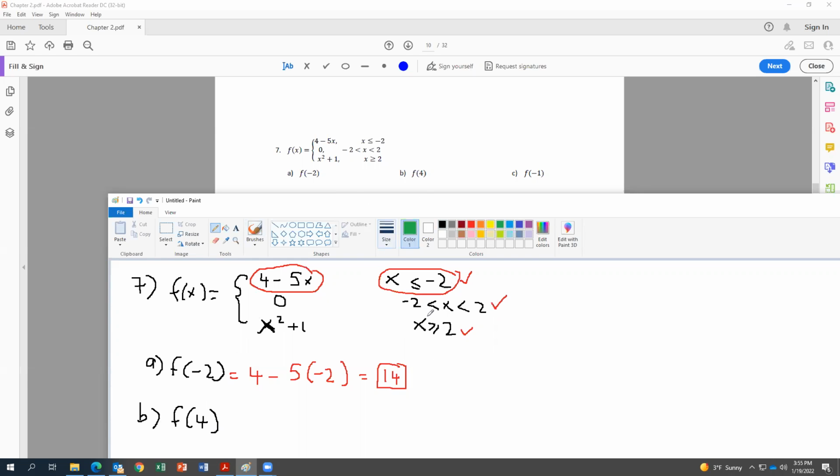We notice that the third one will have 4 belonging to it, because 4 is greater than or equal to 2. So we will be using this third one. It'll become 4 squared plus 1. So that will become 17. 16 plus 1 is 17.